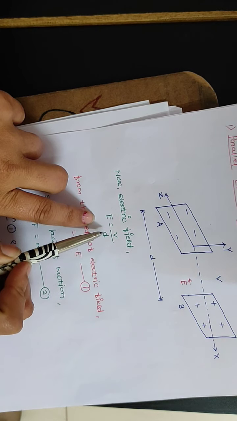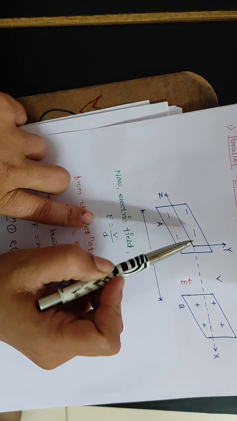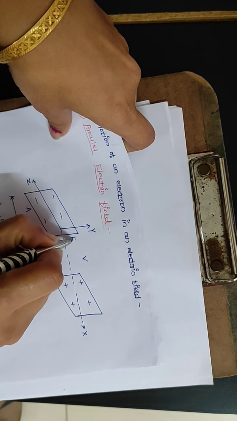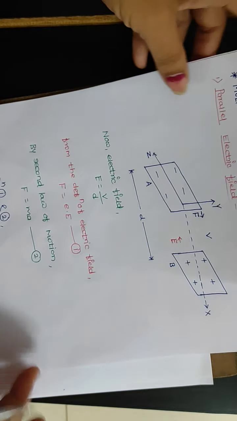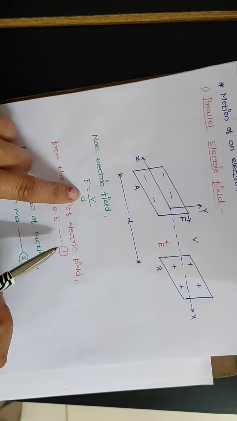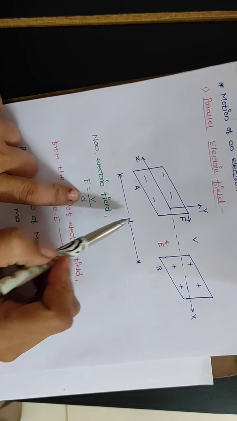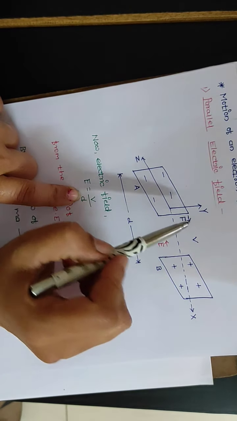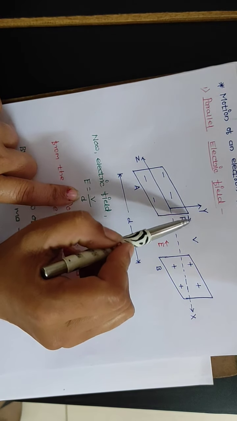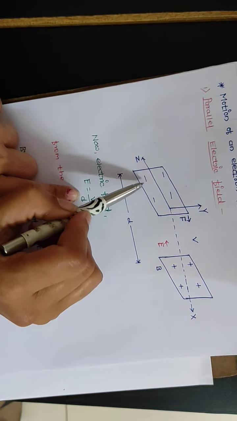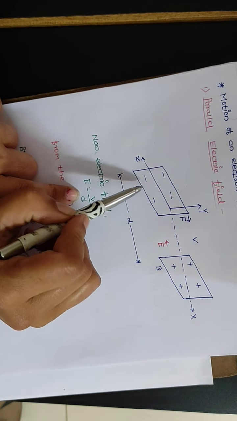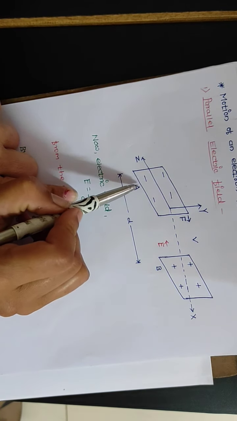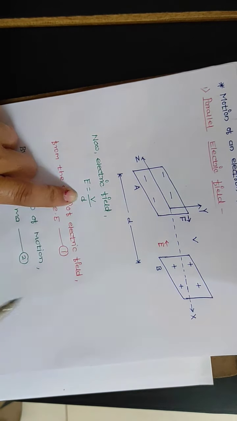This is the uniform electric field, and this electric field produces a force on a free moving electron which is placed on plate A. So under this force, electron moves from plate A to plate B. Okay.